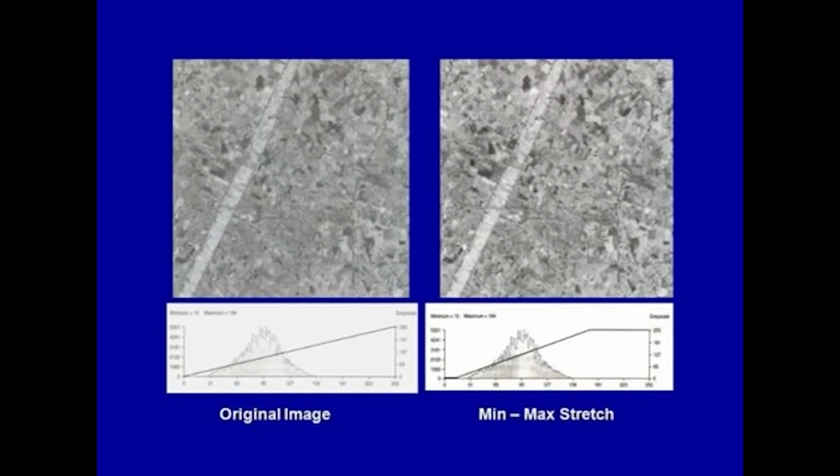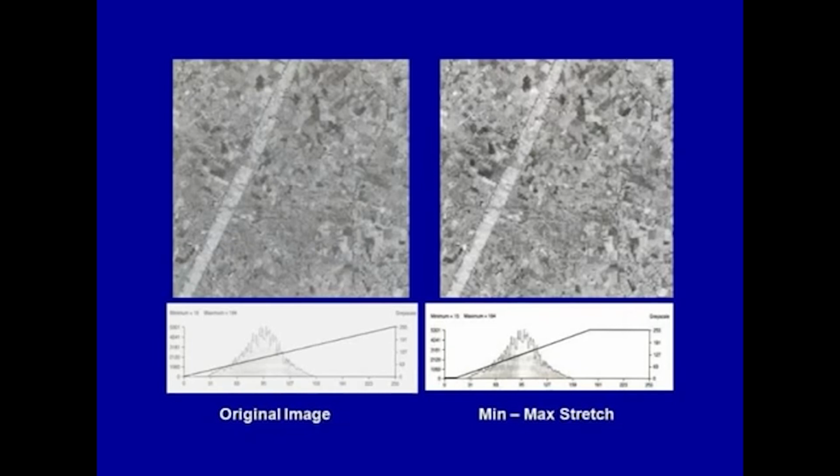The original image tells us that the representation of the various information within this particular landscape appears to be merged, and there is no distinctiveness between different types of objects. On examining the original histogram, we find that the minimum value of this particular data set is 15 and maximum is 184 within a brightness scale ranging between 0 to 255.